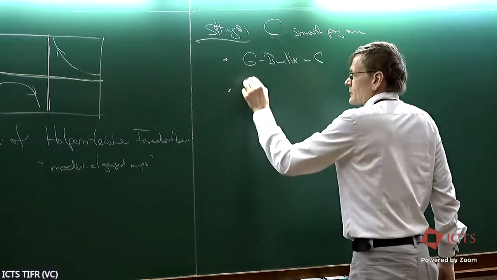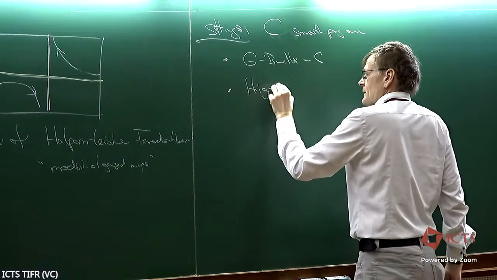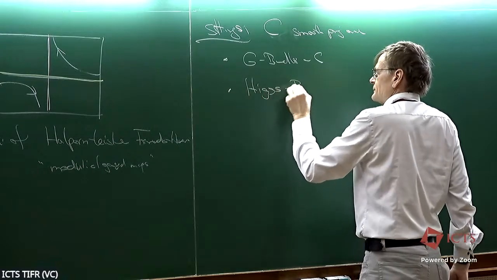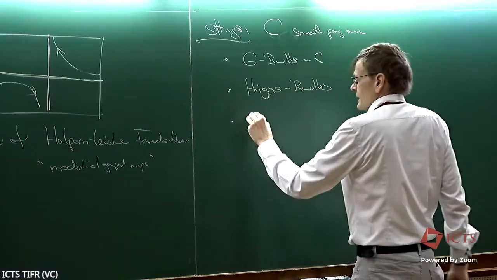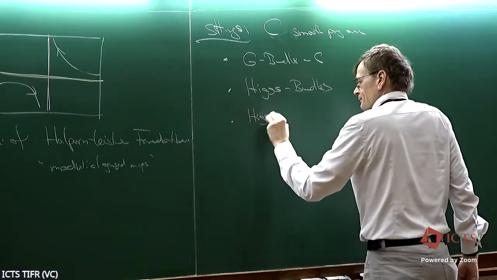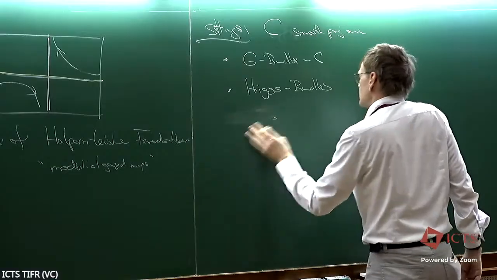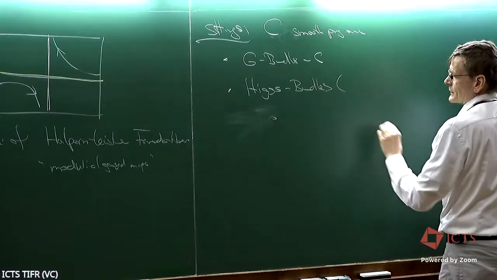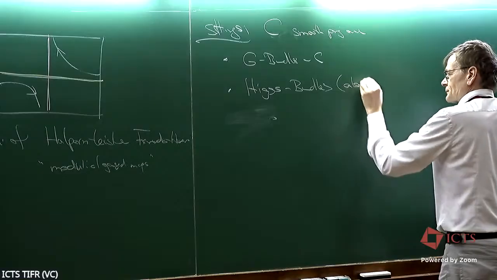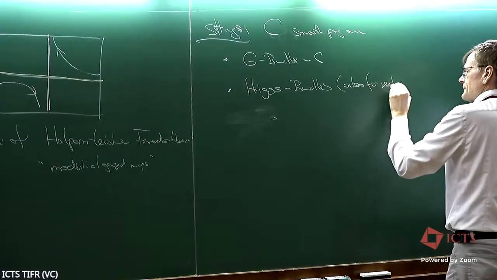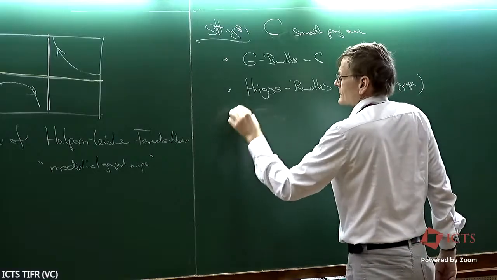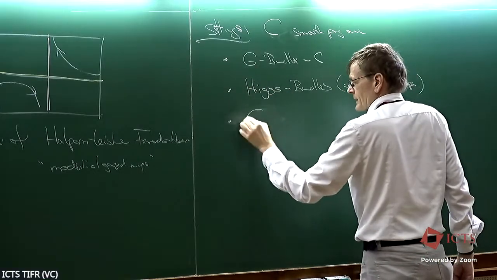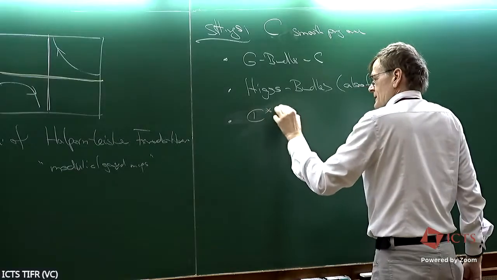Because I'm here at this conference, I want to have Higgs bundles. I also want to include real groups, since they also appear at this conference. And I also want this to apply to the C-star fixed points.